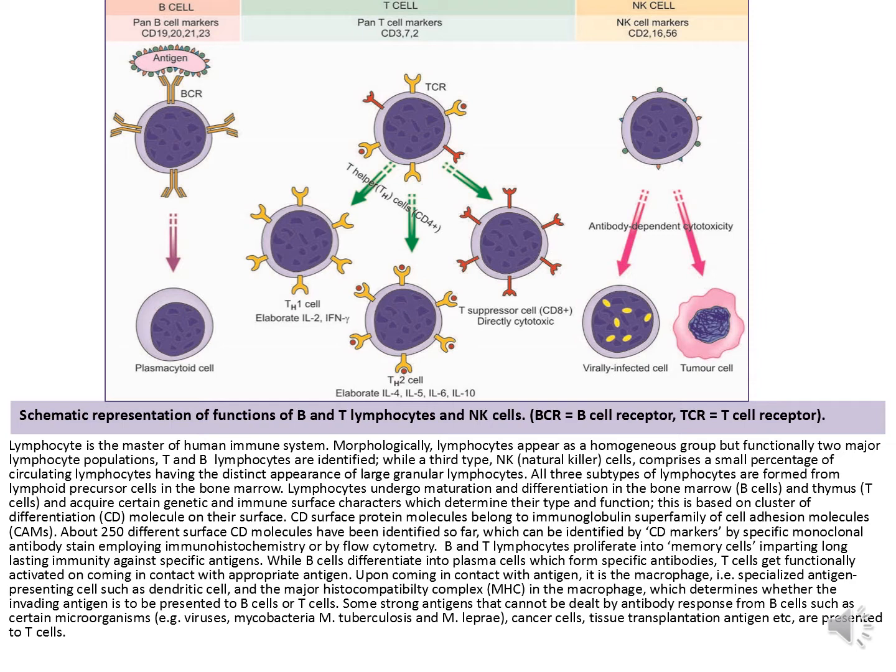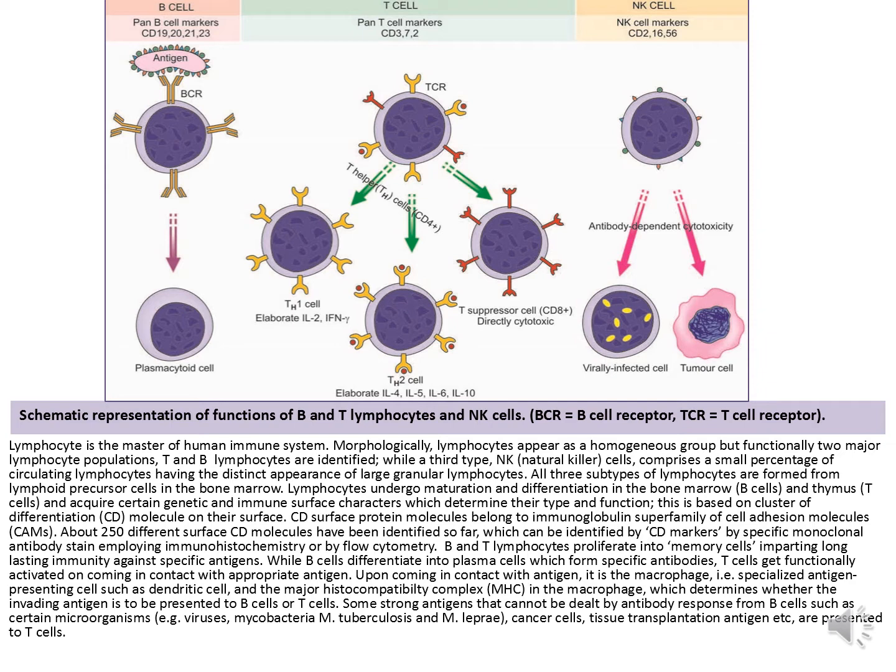About 250 different surface CD molecules have been identified so far, which can be identified by CD markers using specific monoclonal antibody stain, employing immunohistochemistry or flow cytometry. So this is used by pathologists to recognize some populations of lymphocytes.